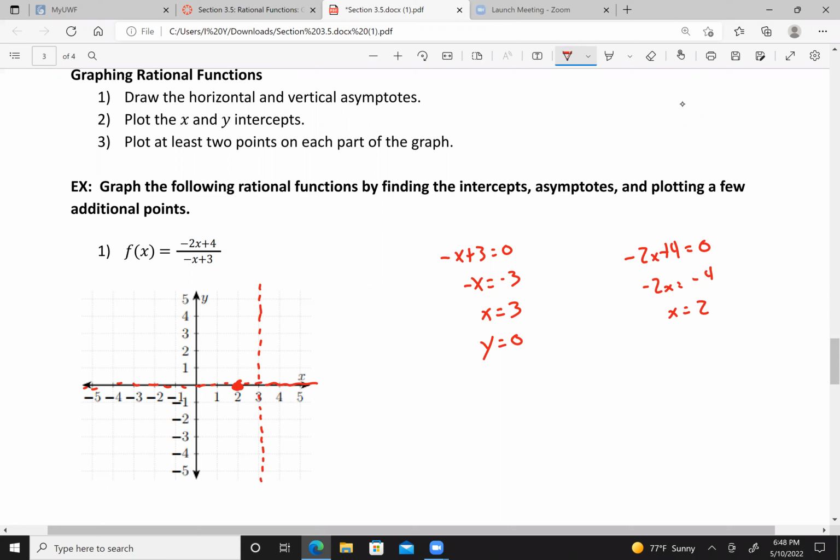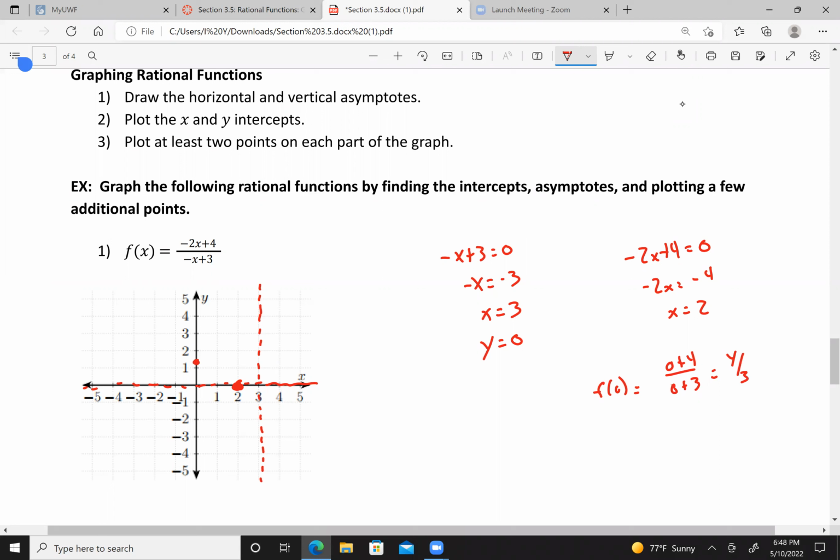Finding a y-intercept, we let x equal 0. So f of 0 is equal to 0 plus 4 over 0 plus 3, which is 4/3, which is right about here.